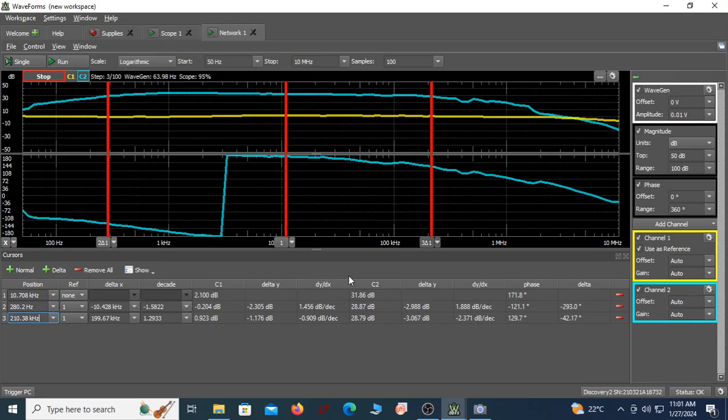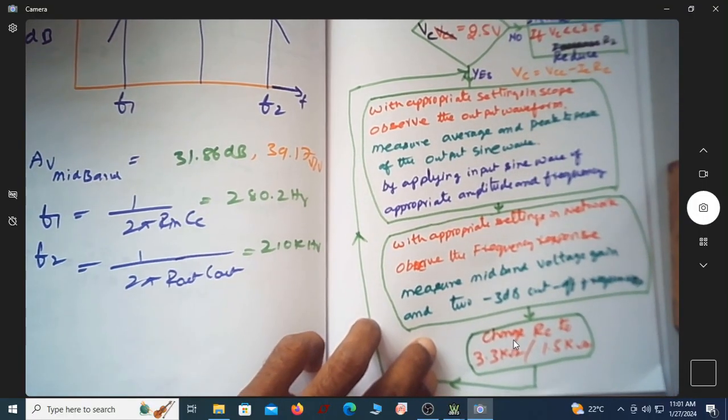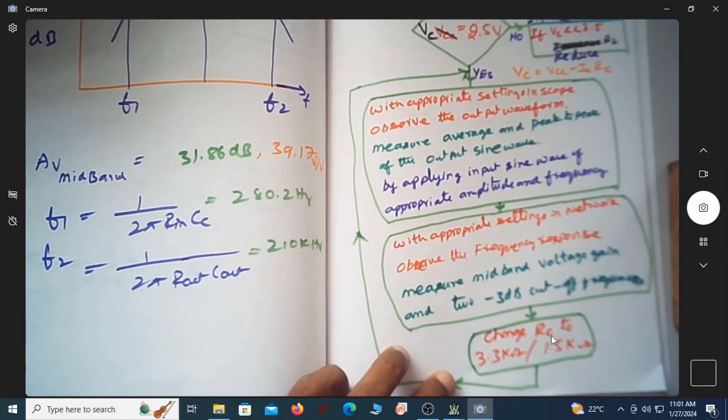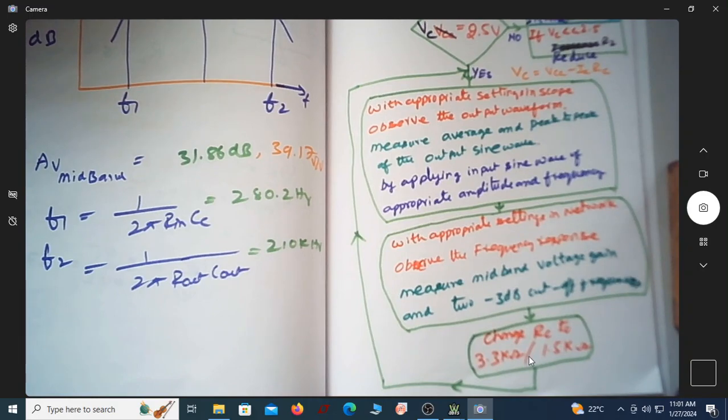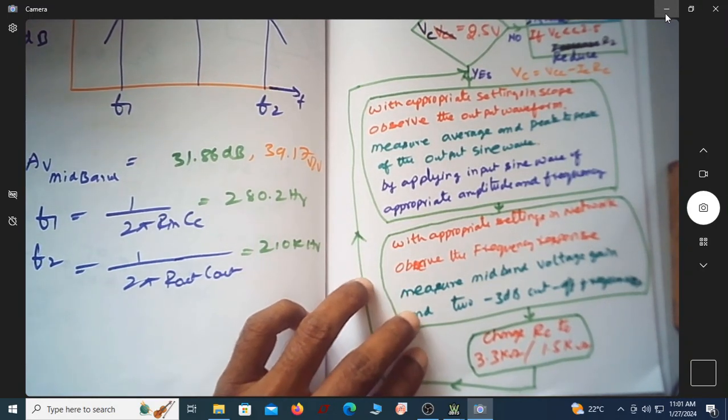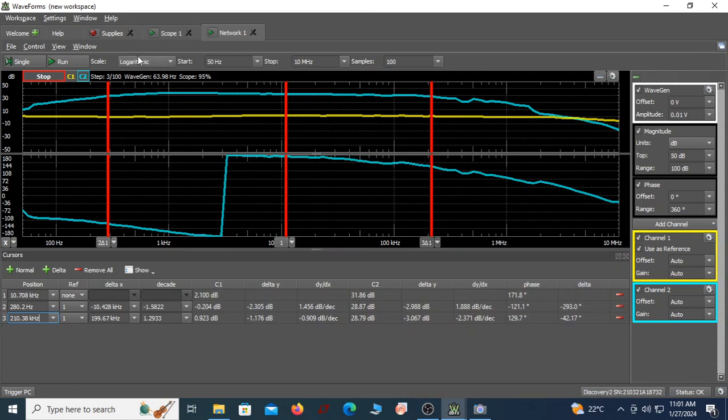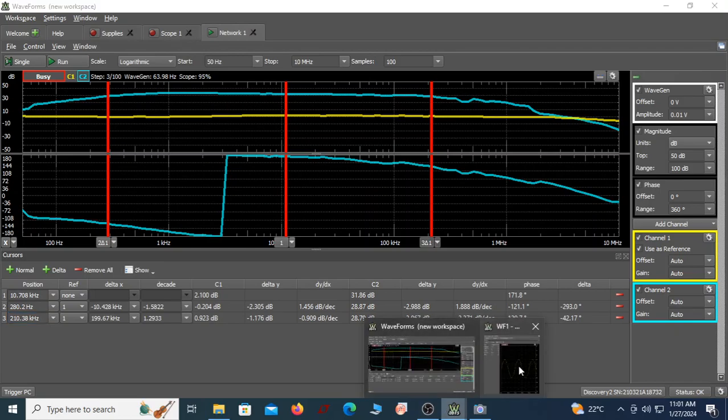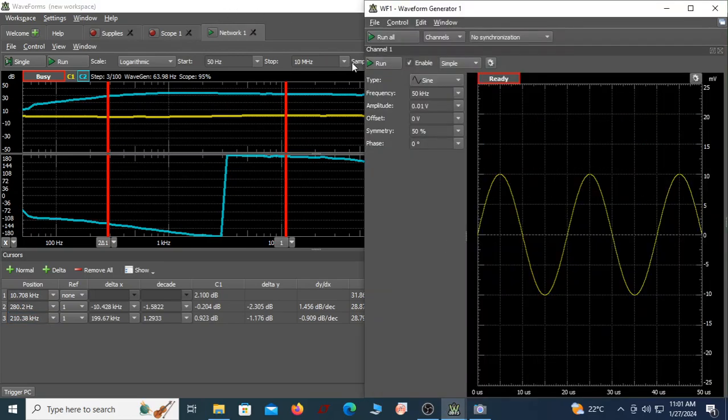Now what you have to do next is repeat this entire thing by changing the value of RC to 3.3K and 1.5K. So let us do the same thing. I'll again go to the scope and apply this wavegen.